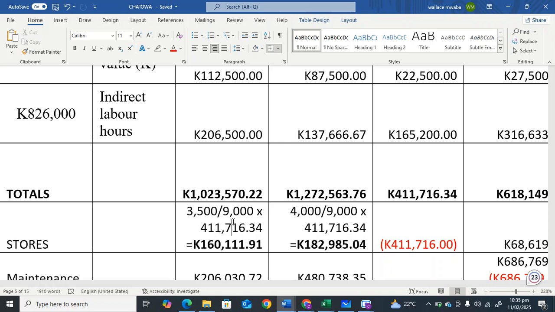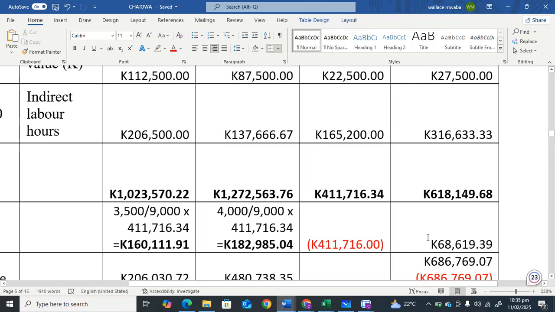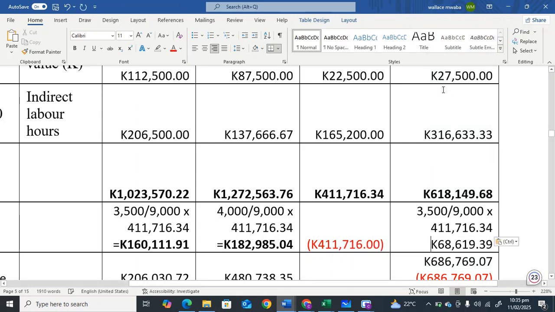Then finally we reapportion to maintenance. Maintenance has 1,500 store requisitions. 1,500 divided by 9,000 multiplied by 411,716.34.